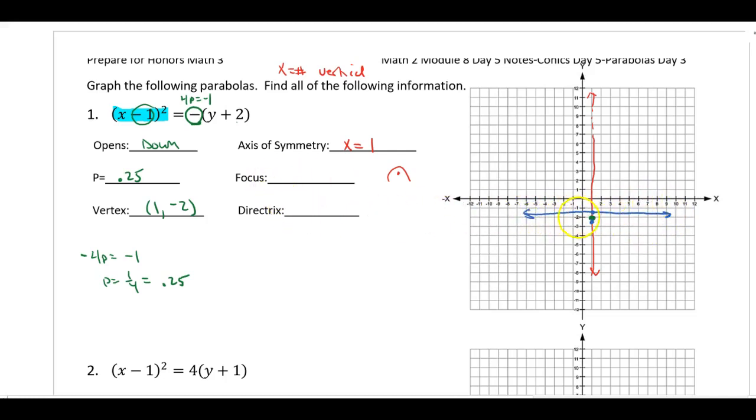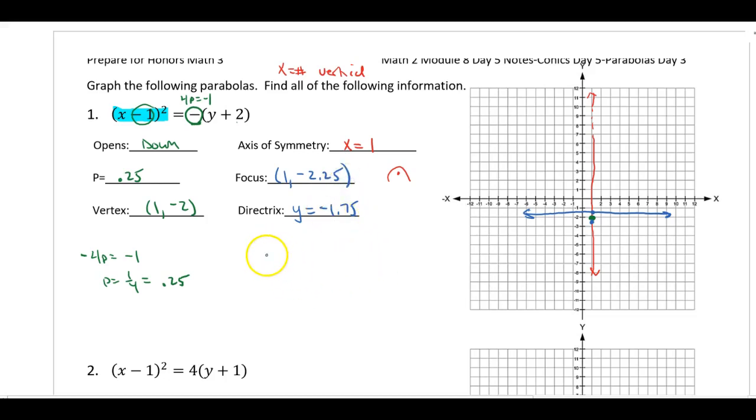So my directrix now is real easy. If I do negative 2 and I go up 0.25, that puts me at y equals negative 1.75. Now my focus is going to be at the ordered pair 1 and then, if I go down 0.25, it's going to be negative 2.25.